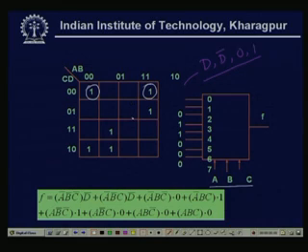Now, next row, this is A bar B. Now, A bar B C D means this particular one, and A bar B C D bar means this particular one, and D plus D bar is 1, means there is no D term there, and this is also A bar B C 1.